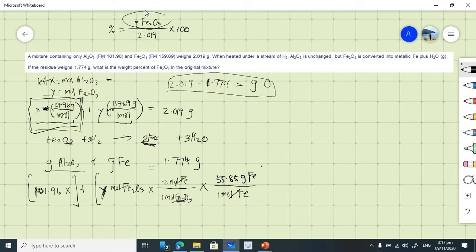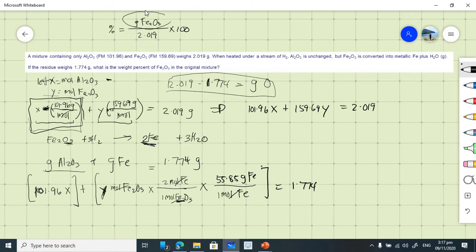So this is equal to 1.774. Right? So let's simplify. So this will be simplified into 101.96 x plus 159.69 y, which is equal to 2.019.